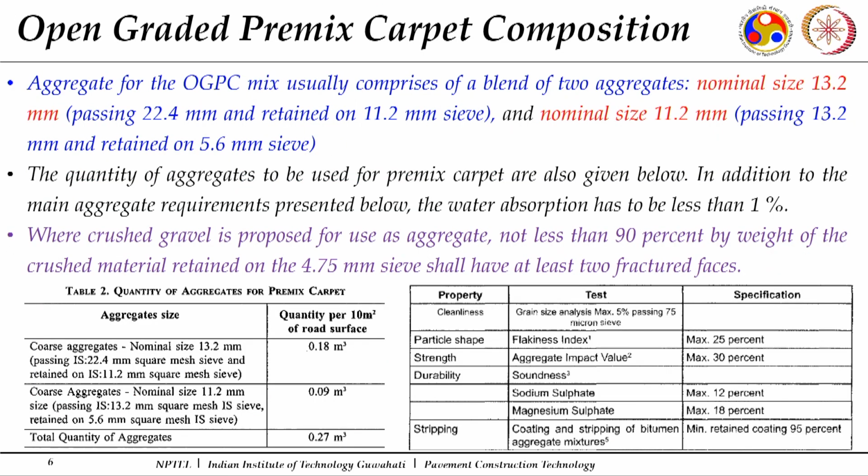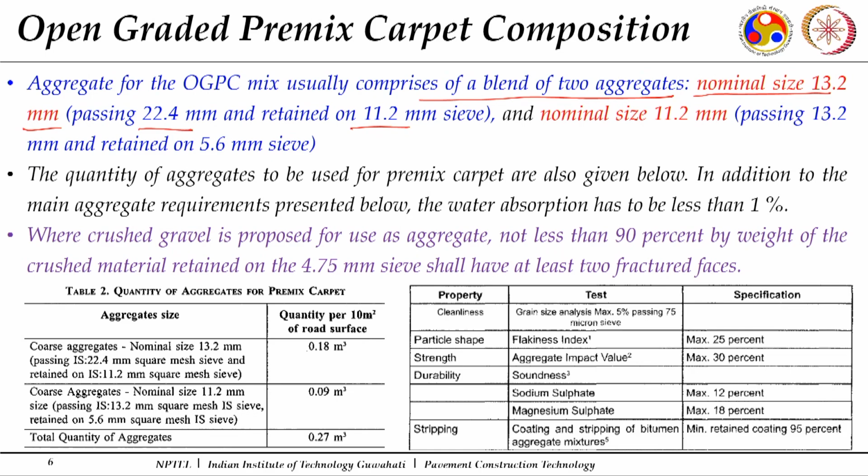Now, coming to the composition of the open graded premix carpet, it typically consists of a blend of two uniform sizes of aggregates. The first one has a nominal size of 13.2 mm, that is the one which passes through 22.4 and is retained on 11.2.